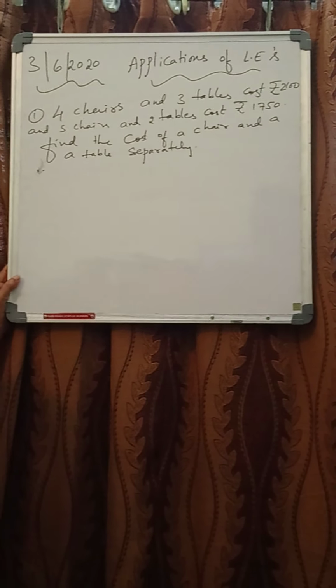Clear? So if you want to make y terms equal, you multiply equation 1 with 2 and equation 2 with 3. On multiplying equation 1 with 2, you will get 3 2s are 6y. And equation 2 with 3, you will get 3 2s are 6y. Isn't it, children?